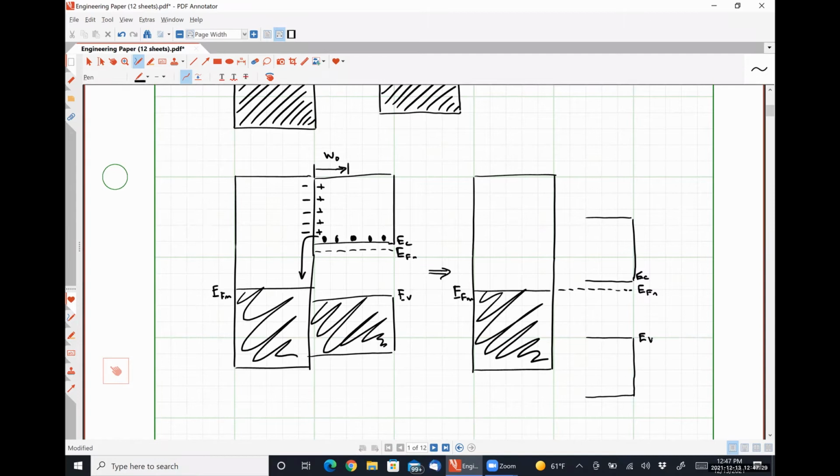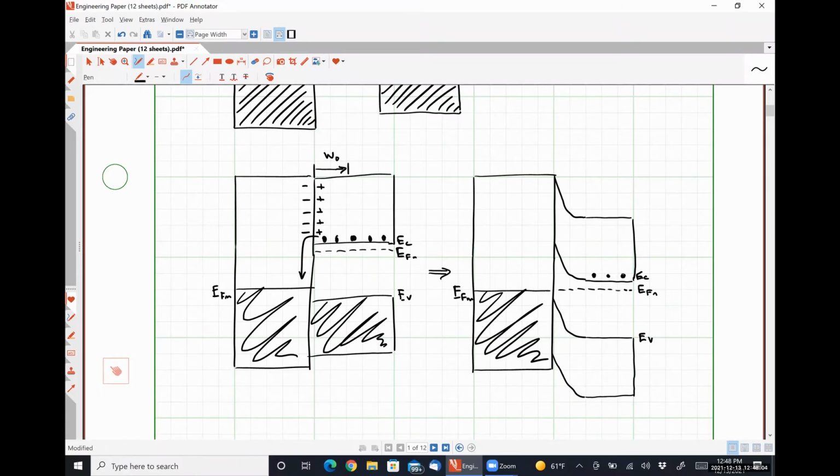So if we have positive charge on the left-hand side, or excuse me, on the right-hand side of the junction, and negative charge on the right-hand side of the junction, we should see that our levels bend up, like so. All of them are going to bend by literally the exact same amount. Like so.